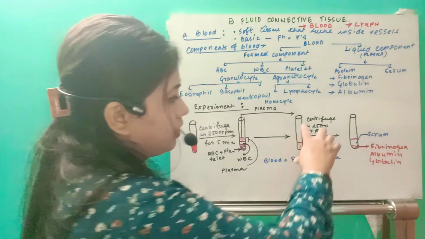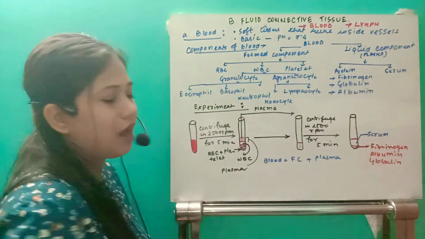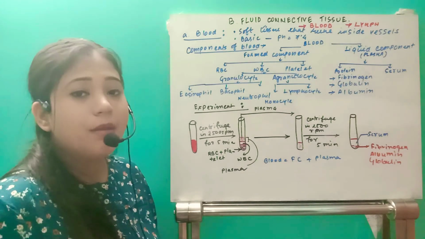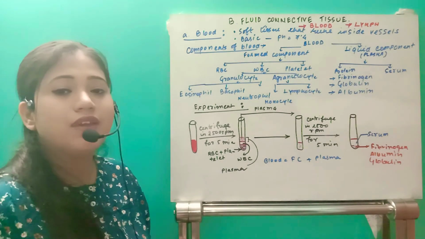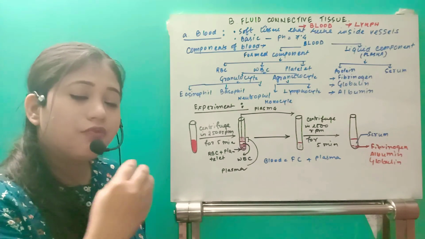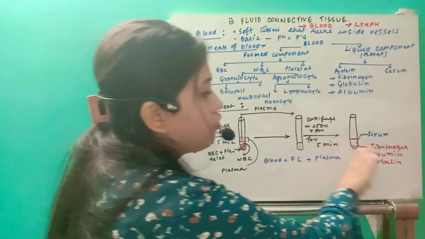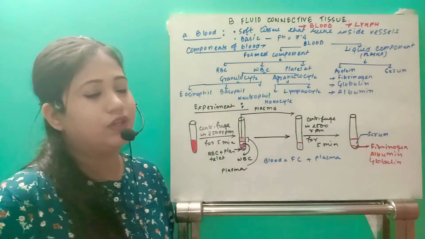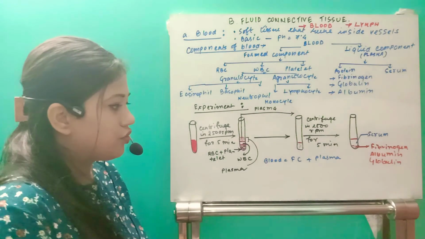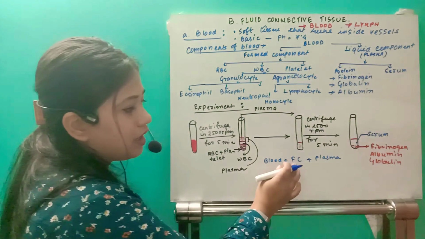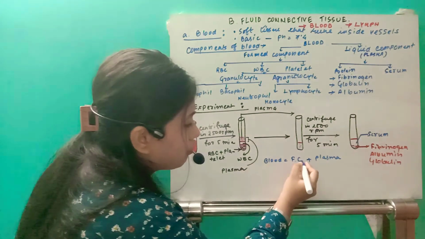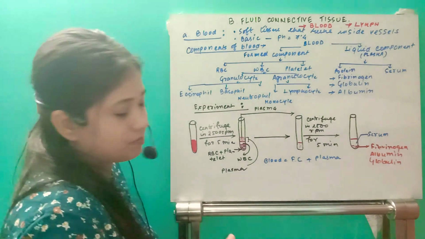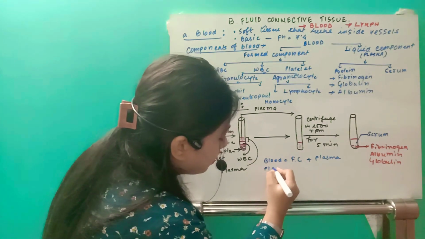And after that, when we want the serum from the plasma, if you remove that protein particle, then you will get the serum, right? So what will be the blood? Blood will be equal to RBC, WBC, platelet, which are the formed component, and plasma.